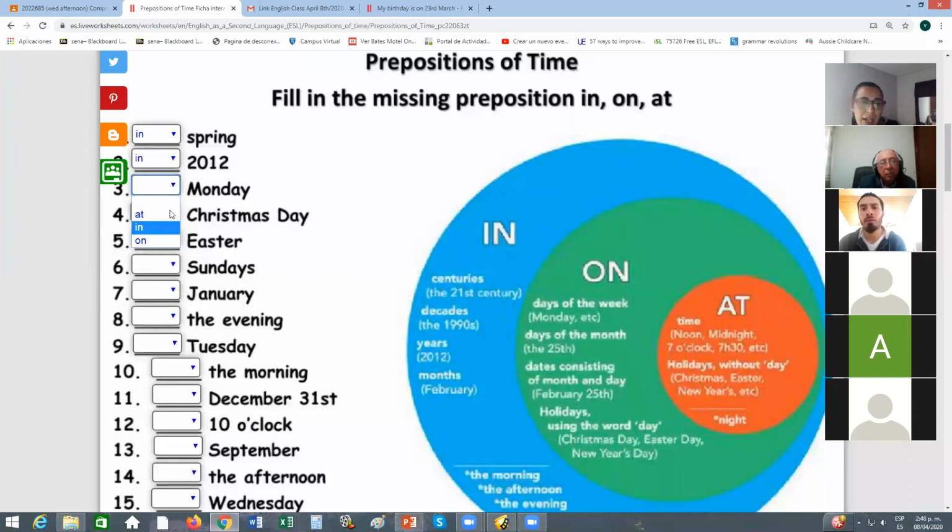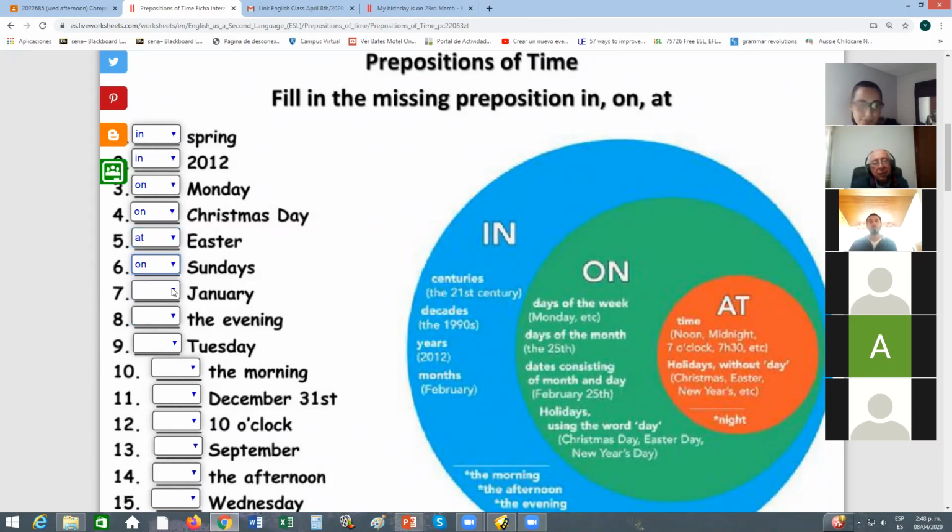Christmas Day. On Christmas Day. Easter. What is Easter in Spanish? Como Semana Santa. Okay, la Pascua, no? The Easter we got. At Easter, okay. Sundays. On Sundays, very good.